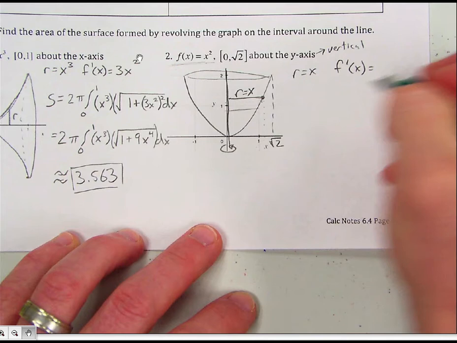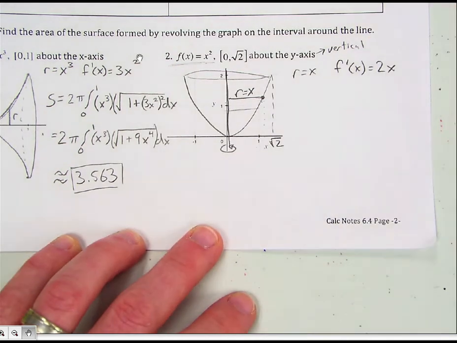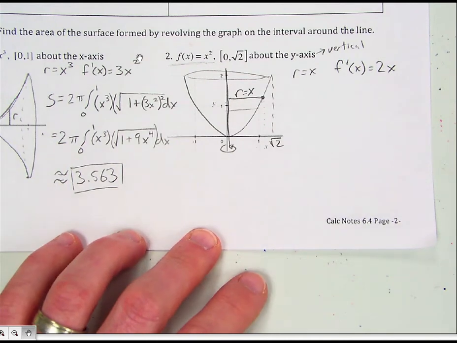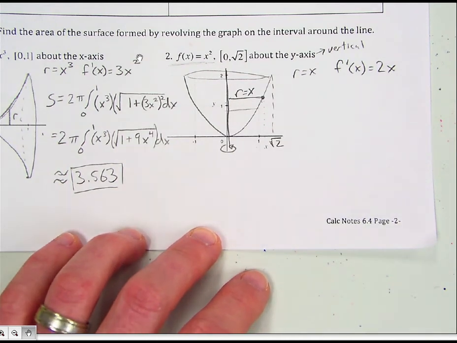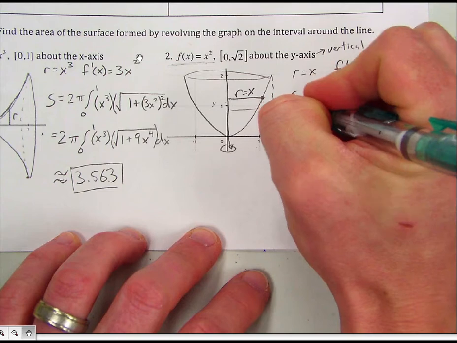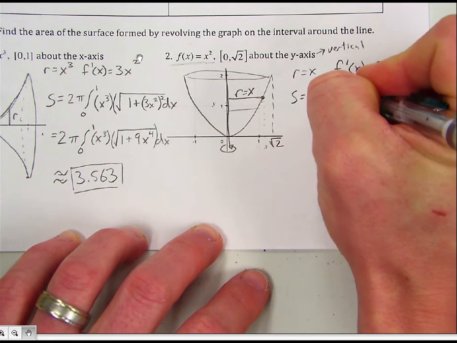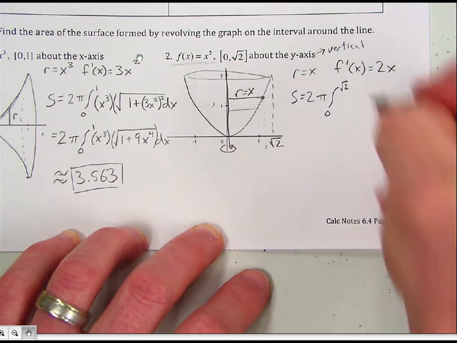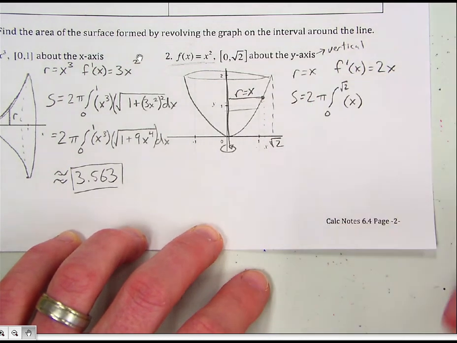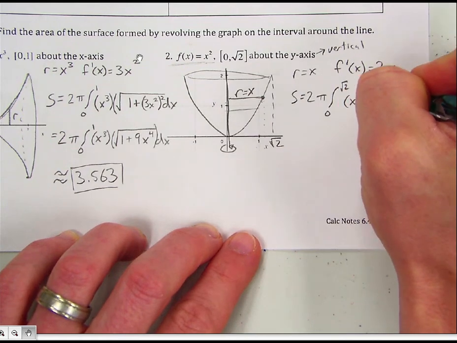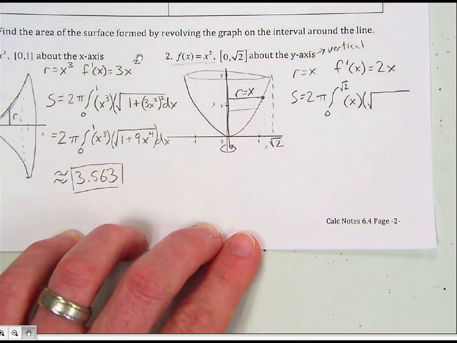But we'll just leave it as this, so our derivative is 2x. And so our surface area will be 2 pi times the integral from 0 to root 2 of our radius and then times our arc length portion.